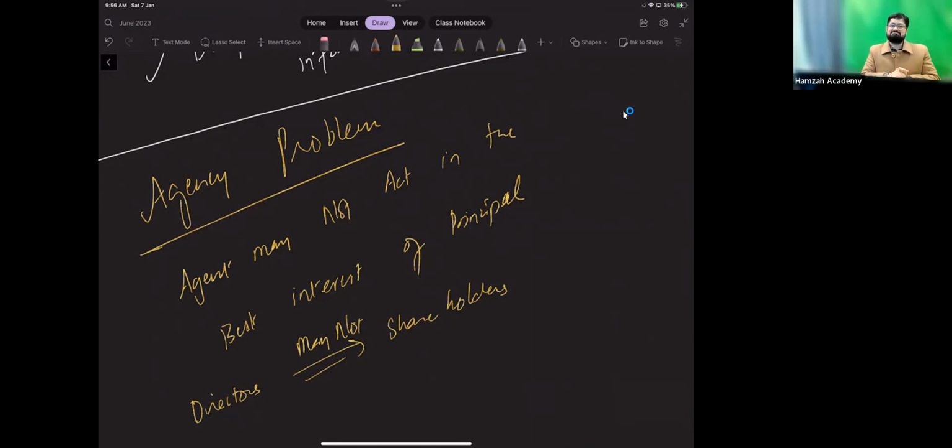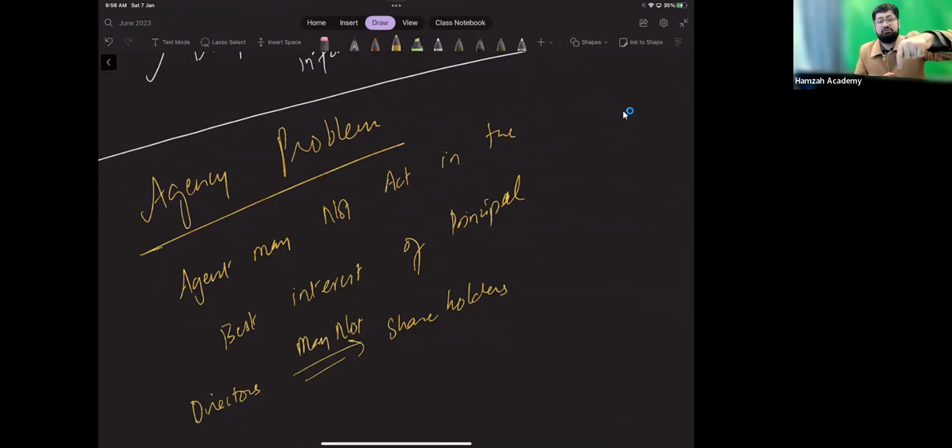Agency problem. They may be biased, hiding true information from shareholders. They might be showing boosted performance of business to get bonuses, to hide their incompetence, or to hide their poor performance. Directors might be doing that.